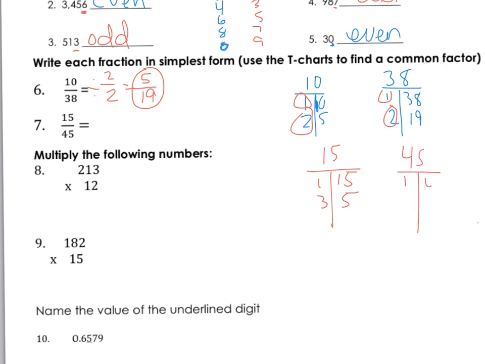Okay, with 15, it's 1 times 15, 3 times 5, and then 45 is 1 times 45, 2 times nothing, 3 times 15, and 5 times 9, and that's it. Now let's find the biggest one that they have in common.